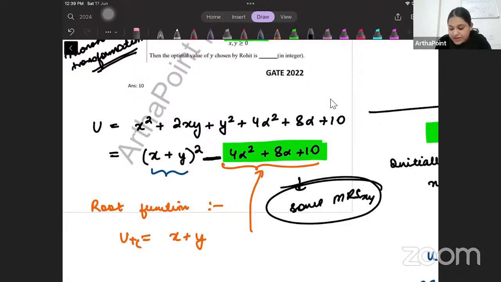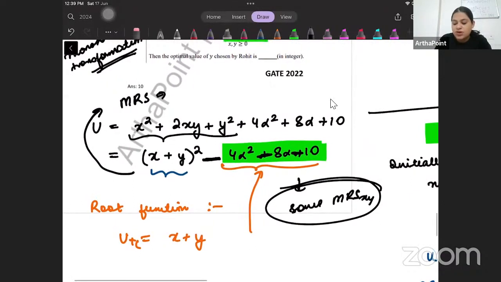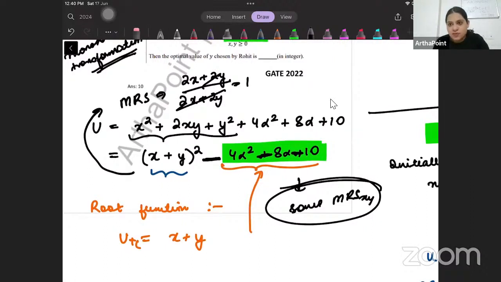So even if I would have subtracted everything from here, when you find the MRS, differentiating with respect to x you would get 2x plus 2y, and with respect to y you get 2x plus 2y. So MRS is 1. As long as MRS is the same, we call it a monotonic transformation. So definition wise, I just want to check this. But ideally speaking, you should have increasing transformations to the utility function, right? So to answer your question, even if it is decreasing but MRS is the same, you can apply the same.